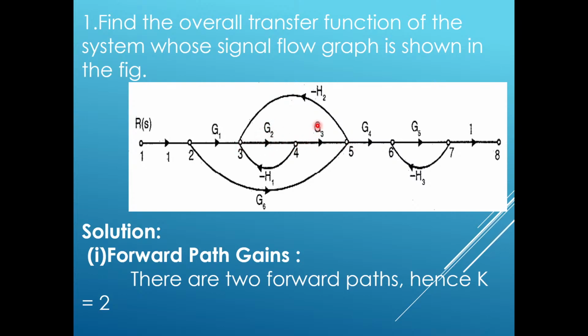The gain from node 4 to node 5 is G3, and so on. The gain of the branch from node 7 to node 6 is minus H3, and from node 4 to node 3 is minus H1. The transmittance of the branch from node 5 to node 2 is G6, and from node 5 to node 3 is minus H2.